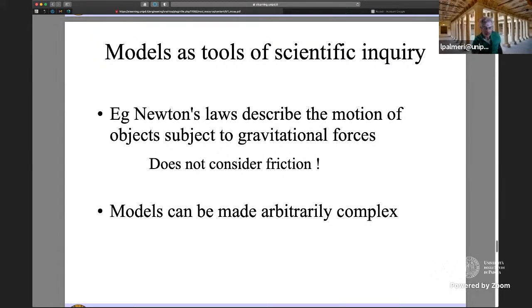What are models as tools for scientific inquiry? For example, Newton's laws describe the motion of objects subject to gravitational forces. Newton's laws are a simplification, meaning that they do not consider, for example, friction.